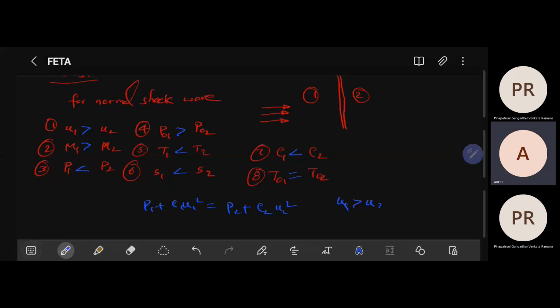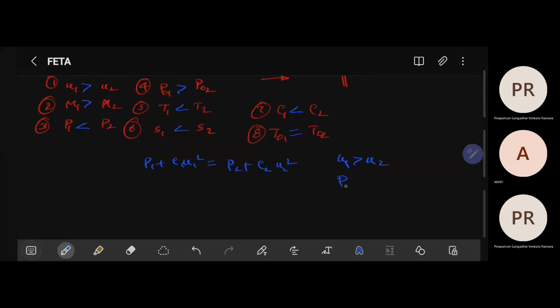And you also know that it actually compresses all the fluid. So your P2 is way greater than P1 in static pressure, but there is a loss of stagnation pressure. P02 is less than P01.